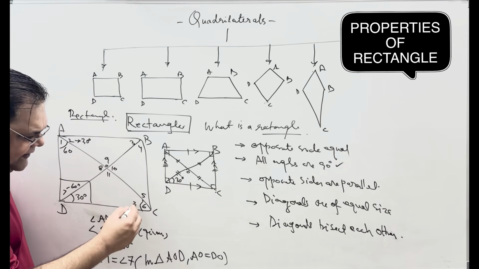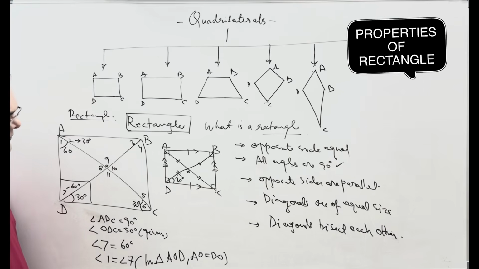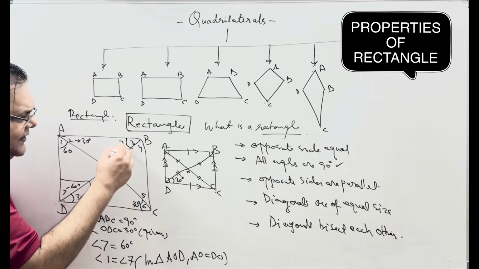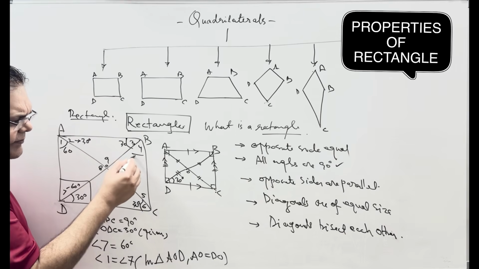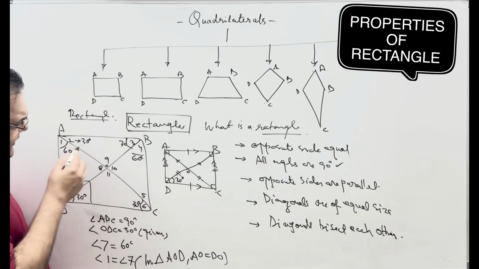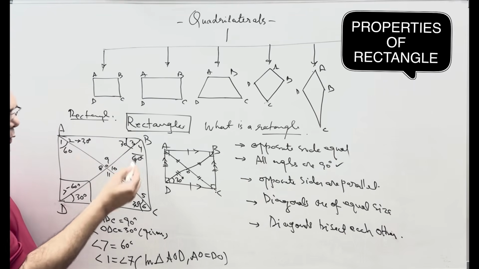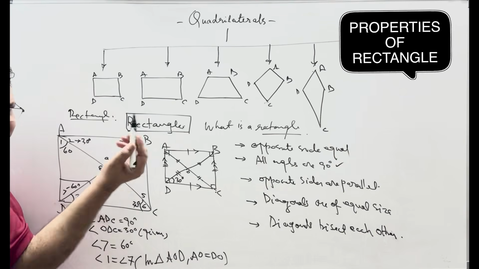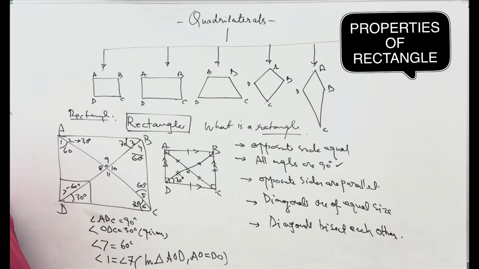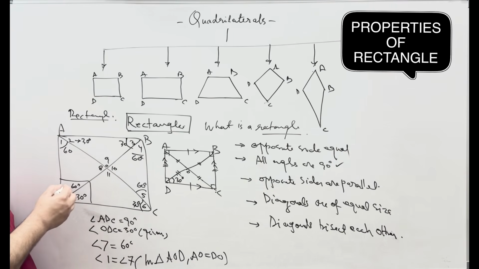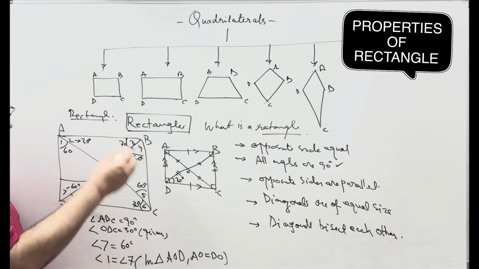Similarly, if this is 30, then this is also 30. By calculation, 90 minus angle ABD, you get angle DBC, 60. If this is 60, this is also 60. So 60, 30, 30, 60, 60, 30, 30, 60.